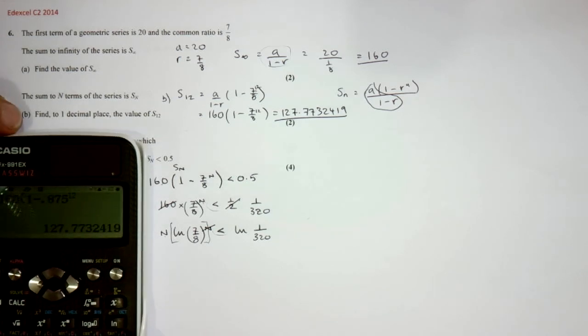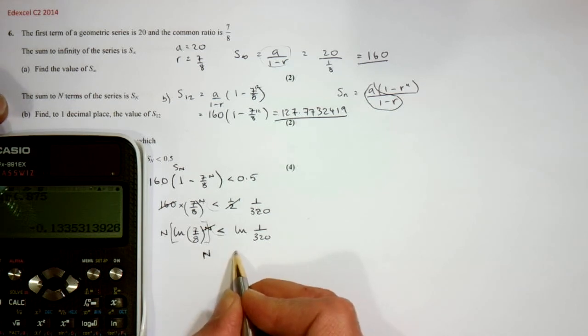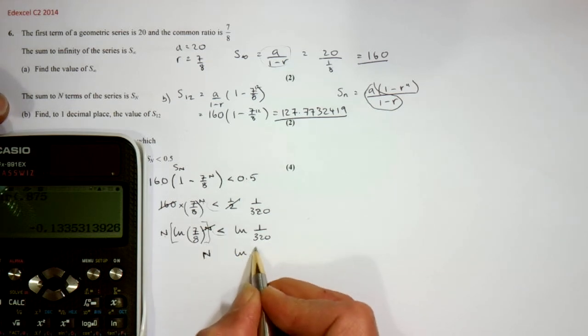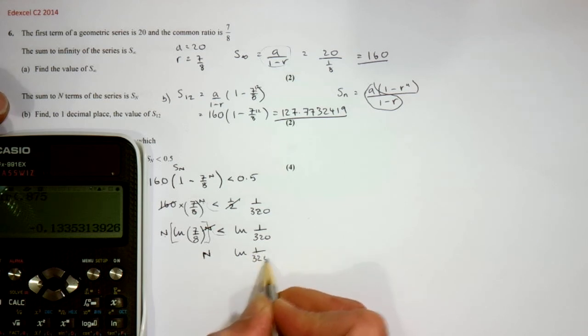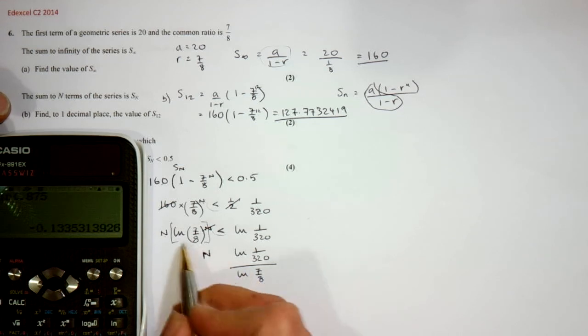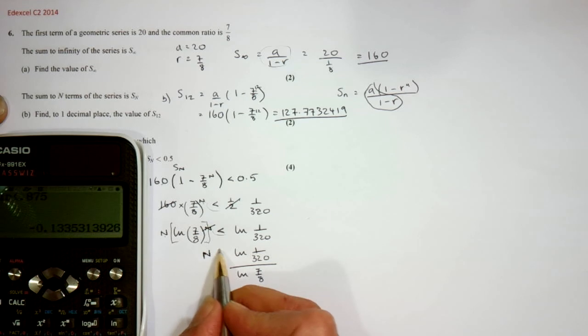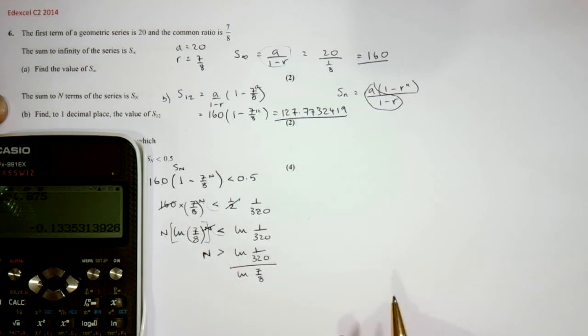And it also gives you an example like this one. So log of 7/8, 0.875, is a negative log. So when we divide by the negative log of 7/8, we have log of 1 over 320 divided by log of 7/8. Because we're dividing by a negative number, we've got to change the inequality around.